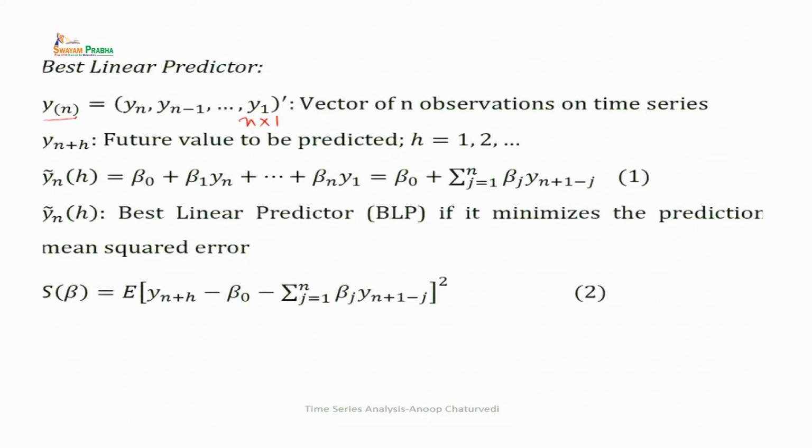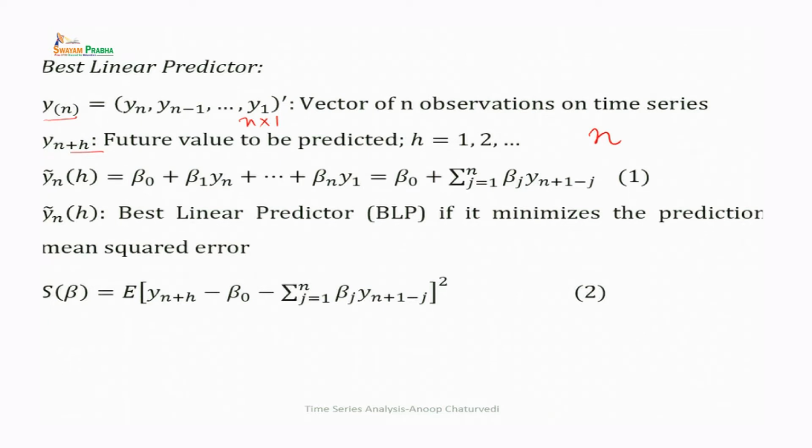Since you have n observations on the time series, your origin for forecasting is n, and y n plus h is the future value to be predicted, h equal to 1 and so on.